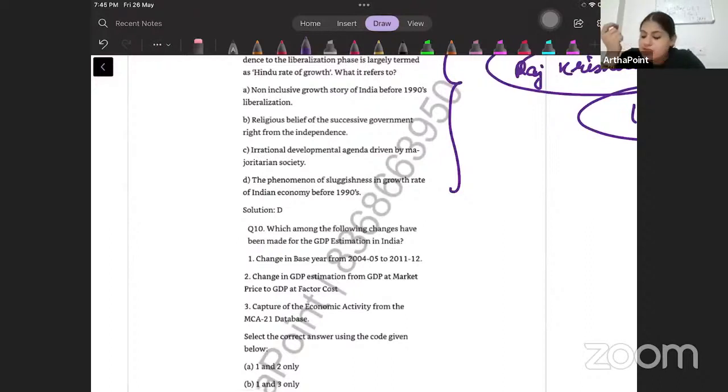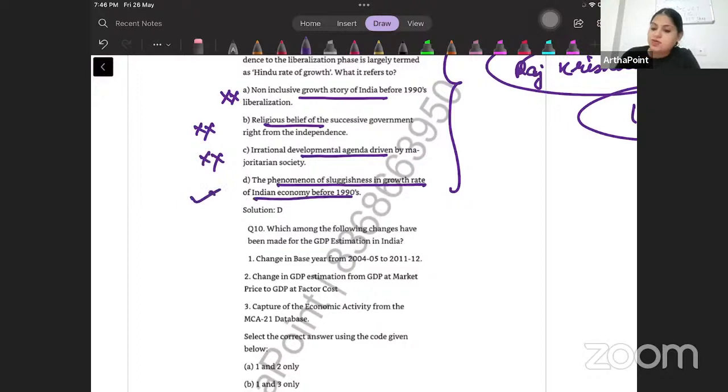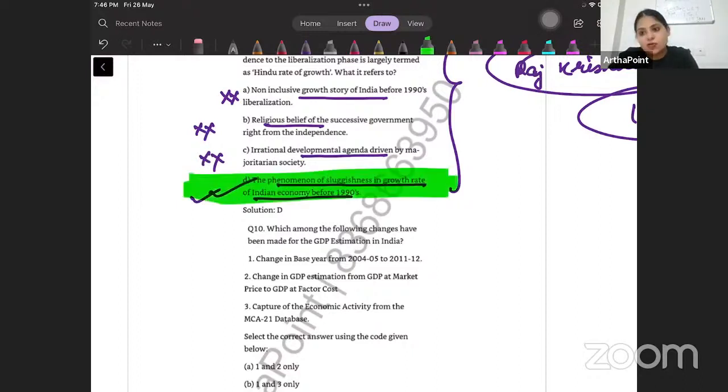Many students get confused about whether this is a religious belief or not. It is not related to any religion, beta. This is just saying that the rate of growth was very low. That's it. So, not a non-inclusive growth story. Not a religious belief. Not an irrational development agenda. The phenomenon of sluggishness in the growth rate, yes. So the answer to this question is D, that the rate of growth was very, very slow.